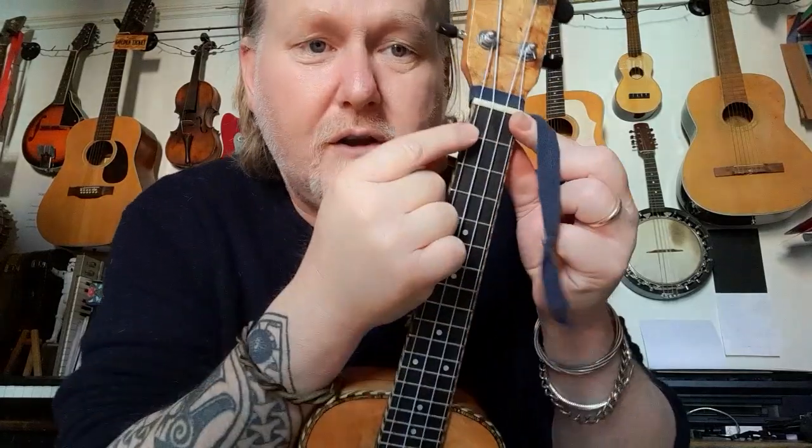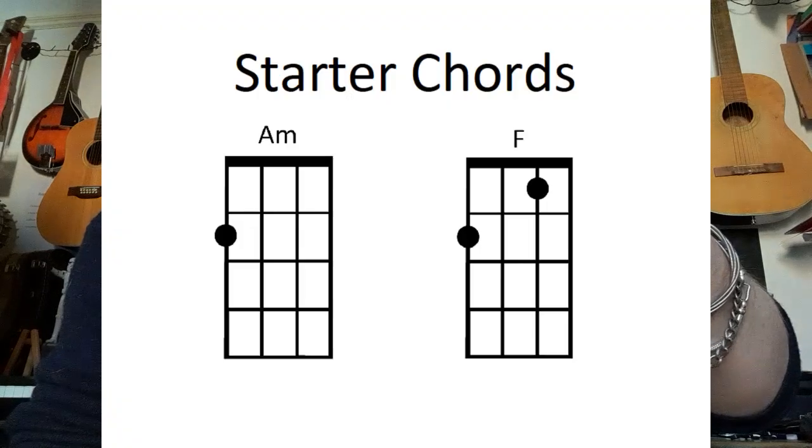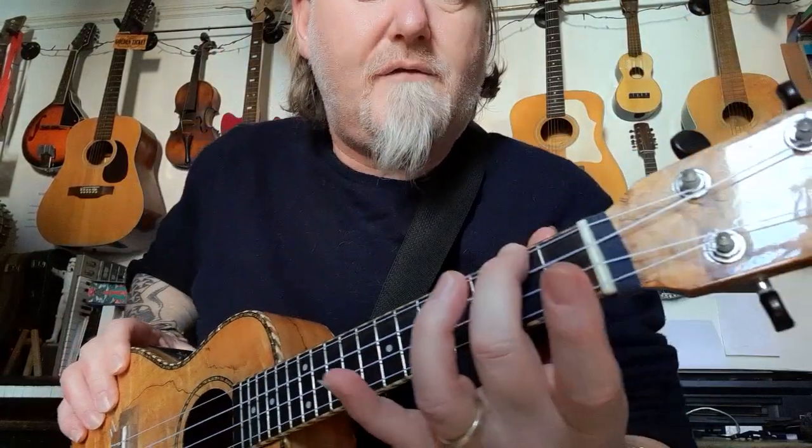But we've also got another one. I'll just move this out of the way. We've got another one here on string number 2, fret number 1. Okay, so I'm going to put my middle finger back up here on fret 2, string 4.